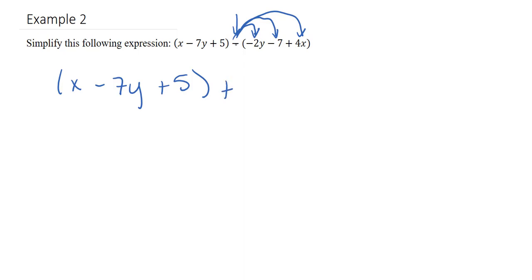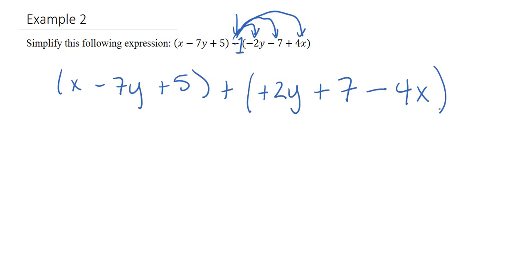We have plus, and then this negative, we can say it's -1. -1 times -2y would be positive 2y. -1 times -7 would be plus 7. The two negatives make it positive. And then we have -1 times 4x, so that would become -4x, or plus -4x, as we can call it too.